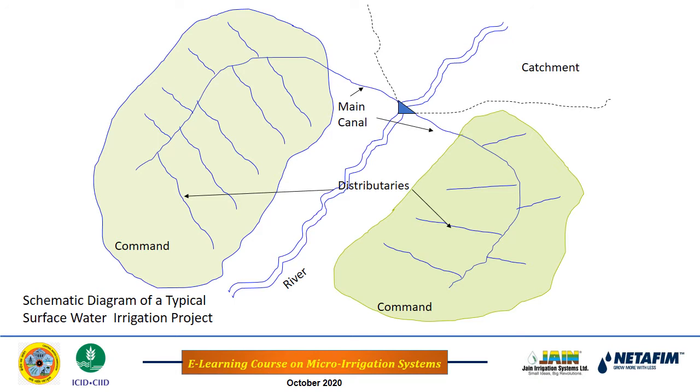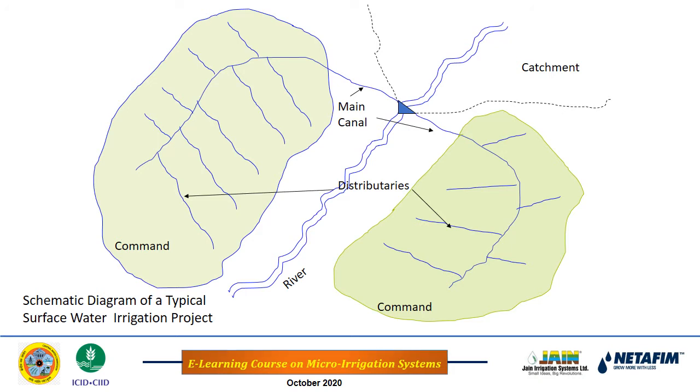If we see this, it is a system based on surface irrigation, wherein we see that this is a structure which is constructed across this river stream, and this is the catchment area which may result in, if it is a storage project, a reservoir being created somewhere here, and if it is a diversion project, maybe there would be some pondage and the water will be diverted in these two directions.